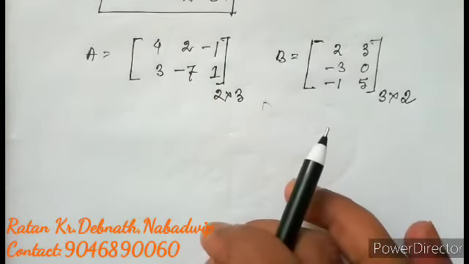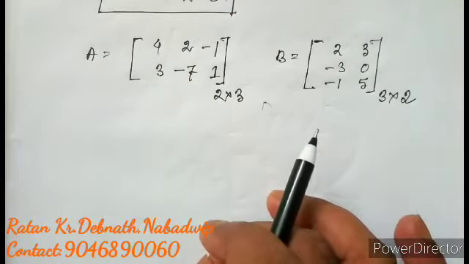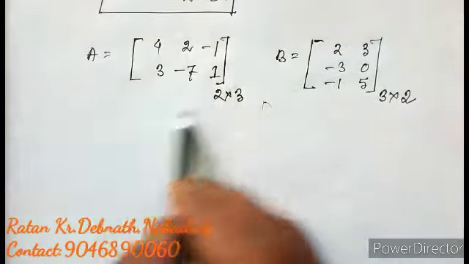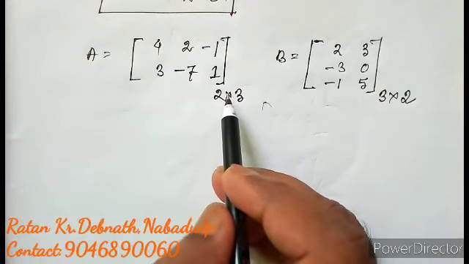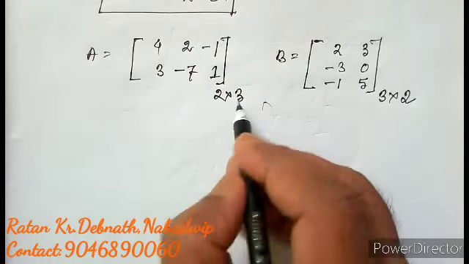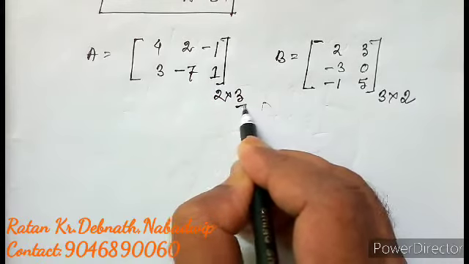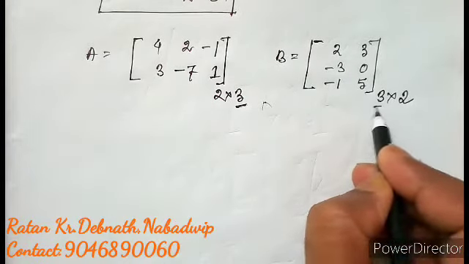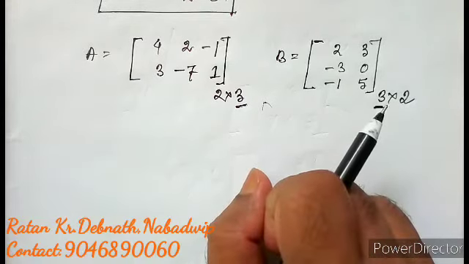Now the question arises whether matrix multiplication is suitable or not. Yes, because the number of columns of the first matrix is 3 and the number of rows of the second matrix is also 3. So we can multiply the matrices.